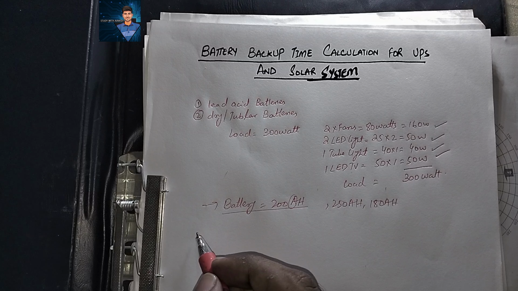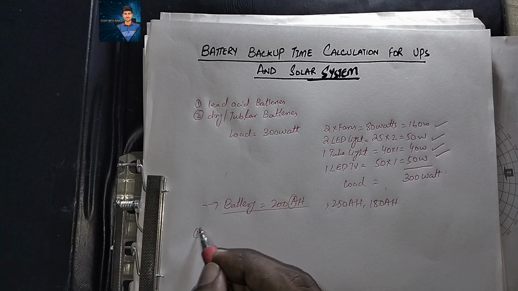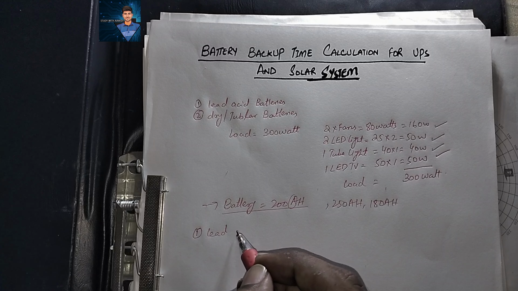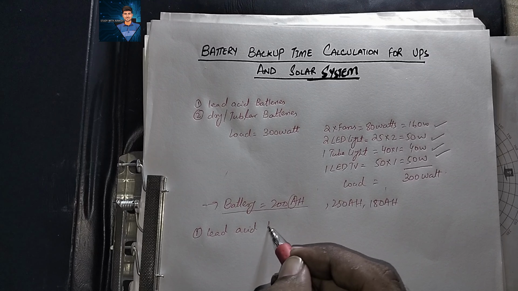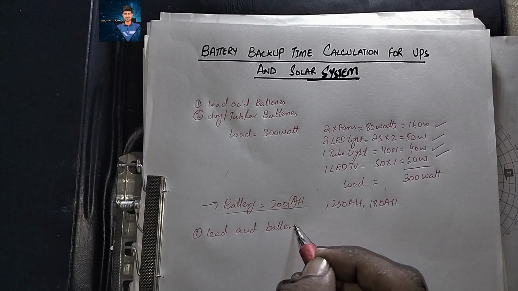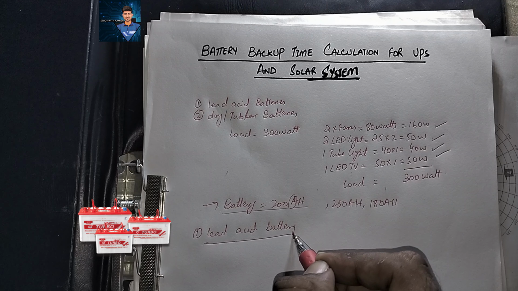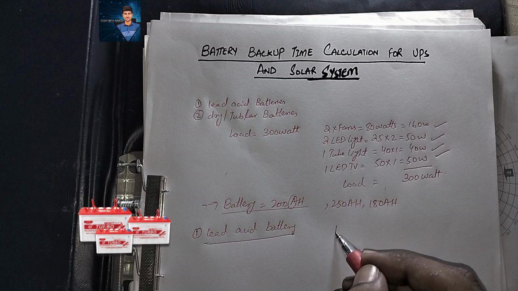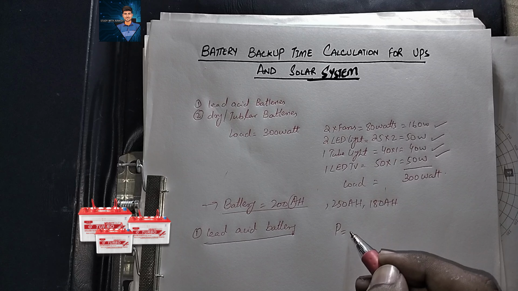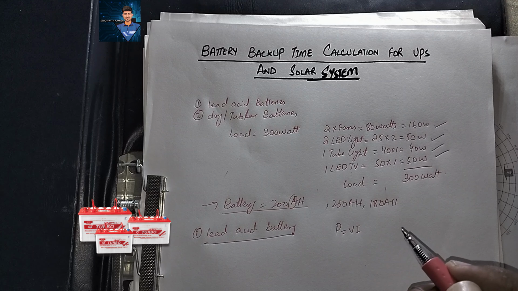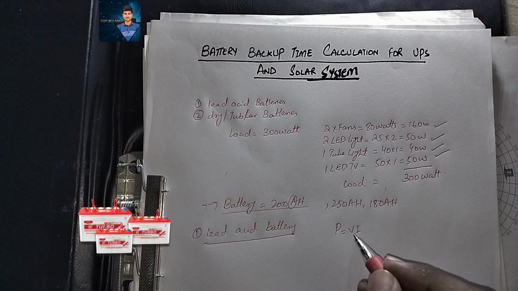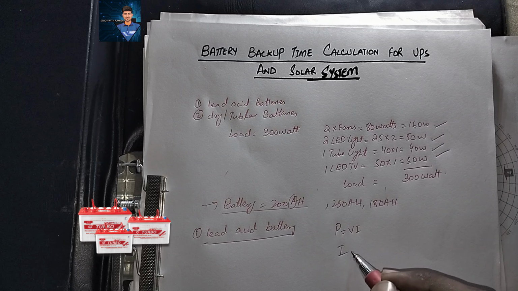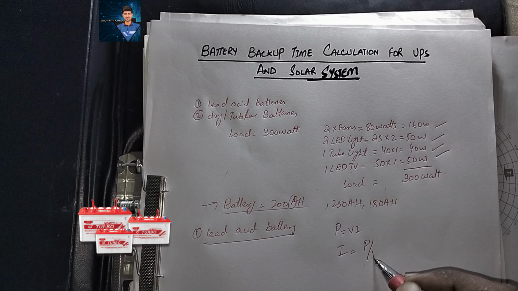So we have two different cases. Let's take the case of lead acid battery. In lead acid battery, as we know, the formula for power is P equals VI. As we need to get the current, we will derive the formula.